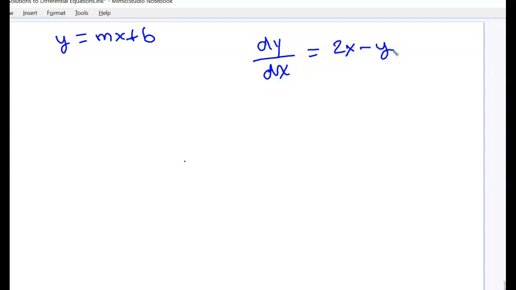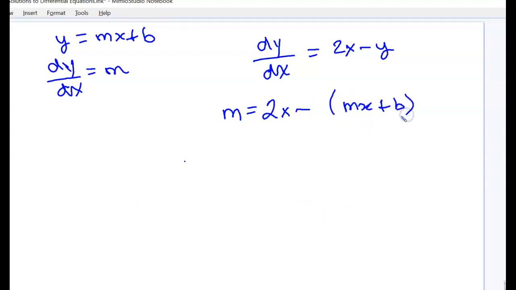2x minus y. Well, if I take the derivative of this, I get dy dx is equal to m, because b is a constant. Therefore, I can say dy dx is m, which is equal to 2x minus y, and y is the original solution, which is mx plus b.